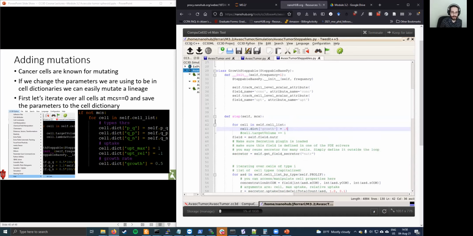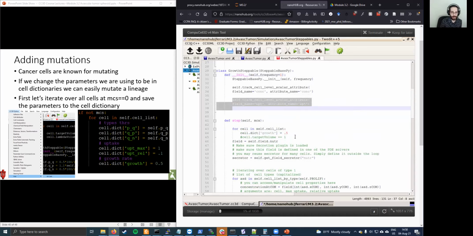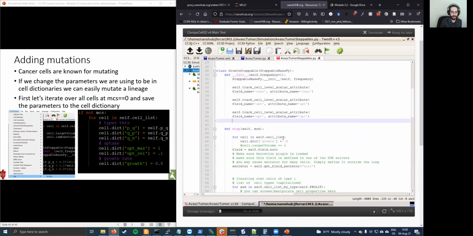And since I'm already here at the top near the init function, I'm going to create one more extra field. And this one, Compucell is going to look for the keyword growth.